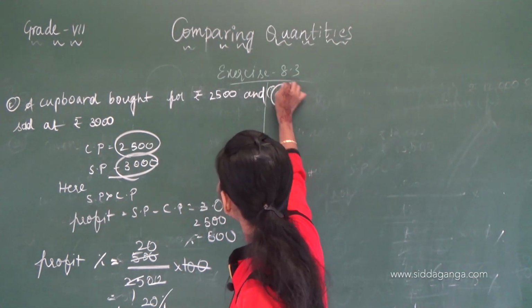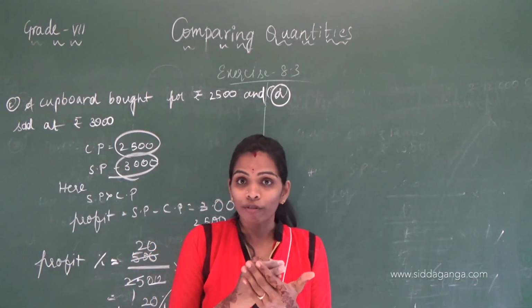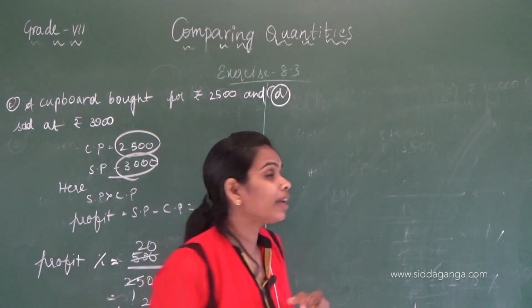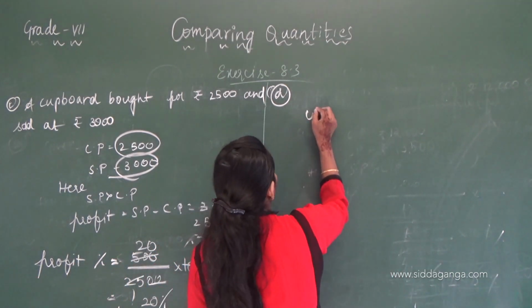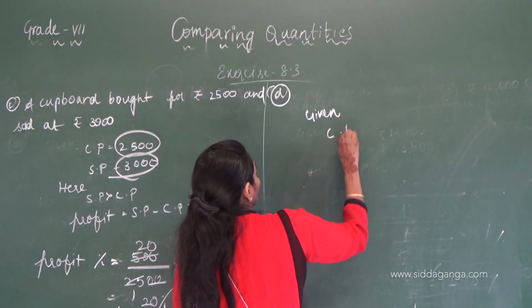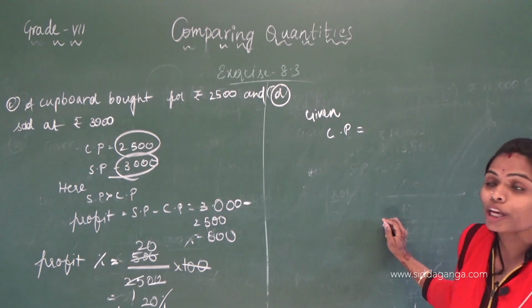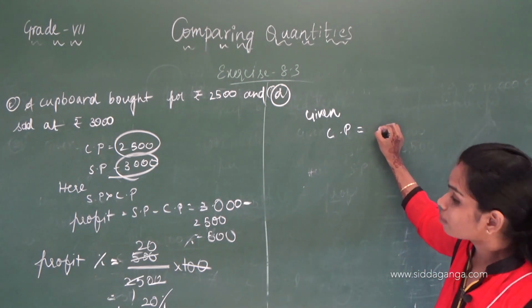D. A shirt bought for rupees 250. That means given CP, the price of the shirt, is 250.